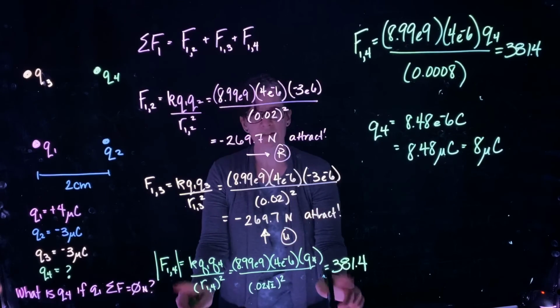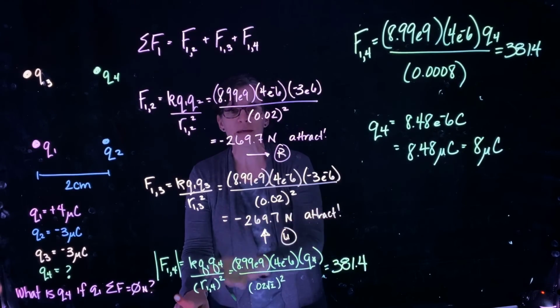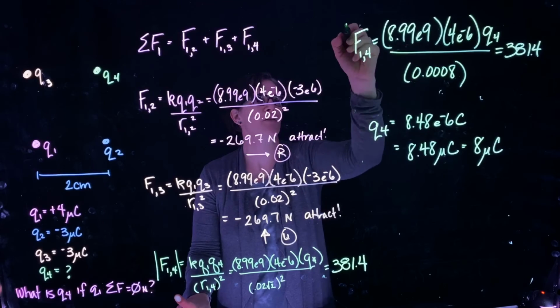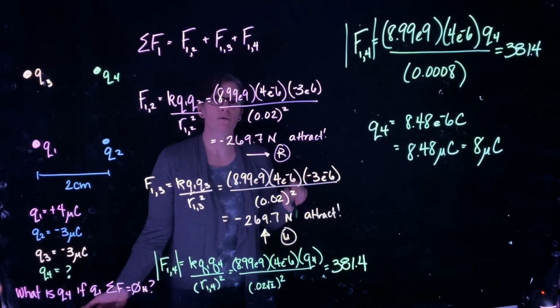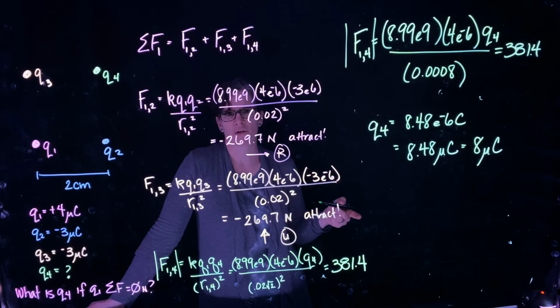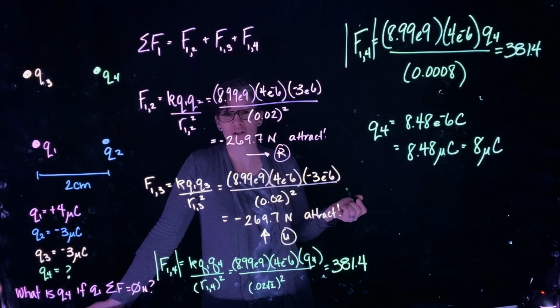So this equation gave me the magnitude of the force. Let's be explicit about those magnitude bars again. How do I know the direction of the force? The direction of the charge. Is it positively charged or negatively charged?